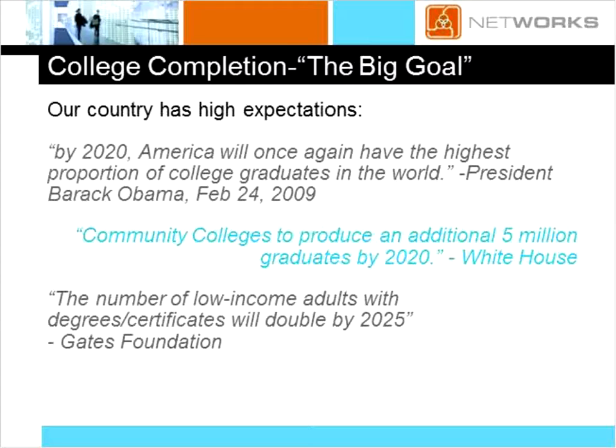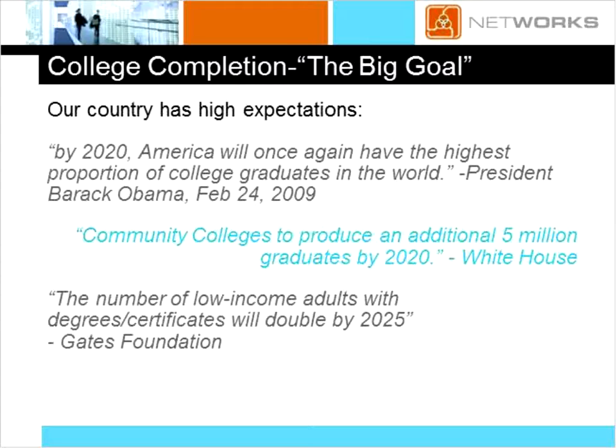Great. Thanks, Rob. So as you can see on this slide, there's some quotes, and really it relates to the current challenge we're facing in the United States around basically supply and demand of college graduates, and where do we have enough skilled workers for the jobs that are open.